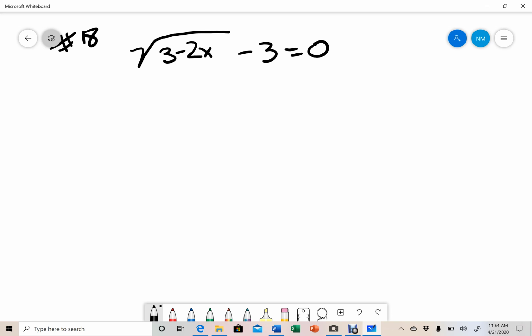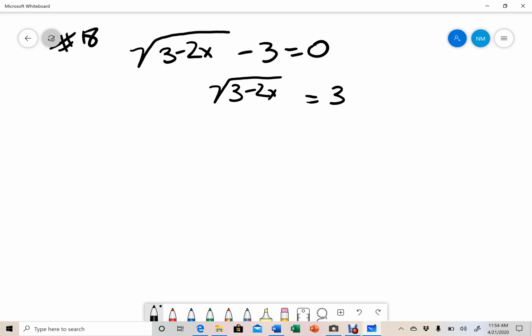So in order to do that, I want to square it, but I have to isolate it before I can square it. So I'm going to leave on this side the square root of 3 minus 2x, and on this side, I'm going to move my 3 over.